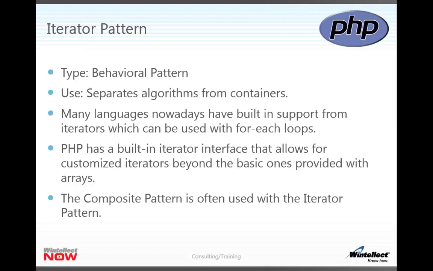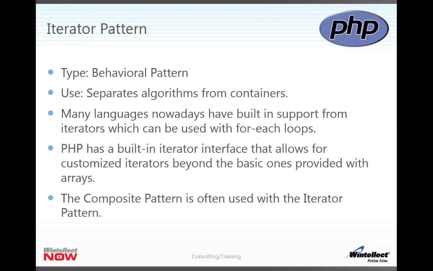So for various container objects such as arrays, lists, and tree-like structures, you might want to separate the algorithms that manage them, and the iterator pattern provides a nice way to do that. And so you implement an iterator, and then you can loop over that, using that algorithm inside of that iterator pattern for each of the objects inside of that particular container.